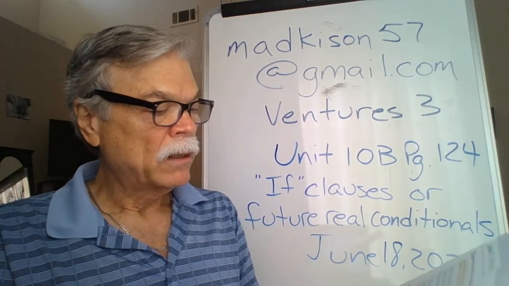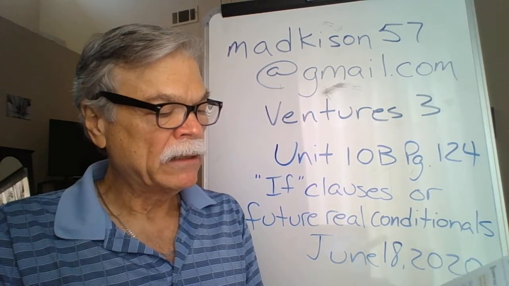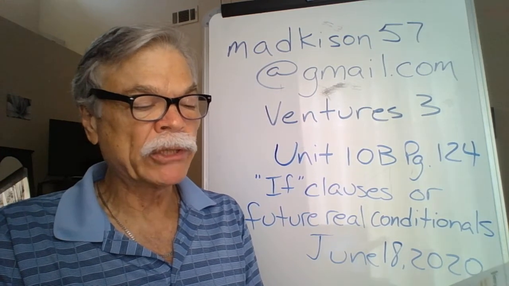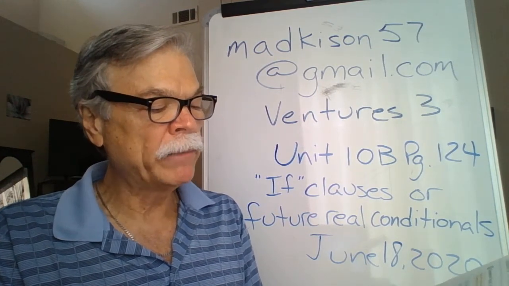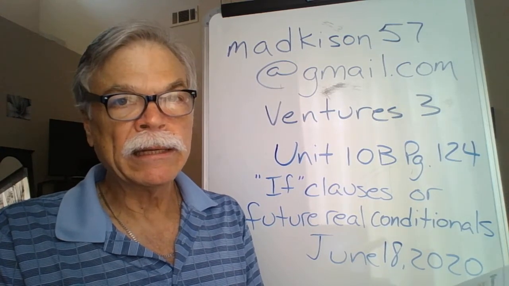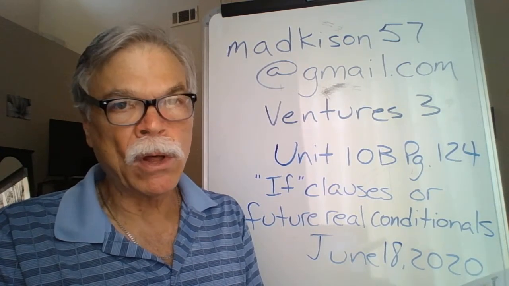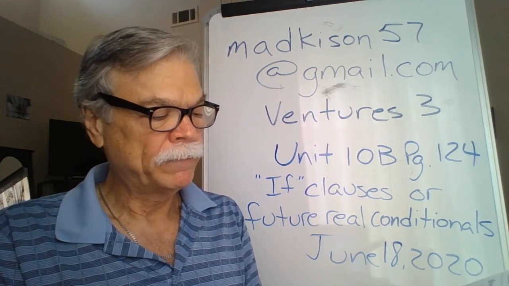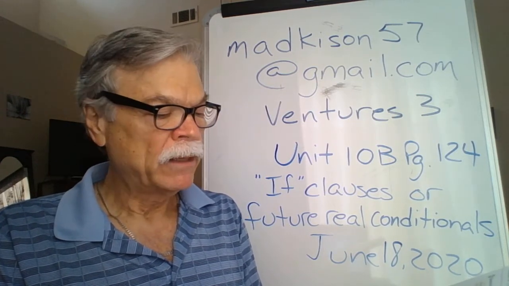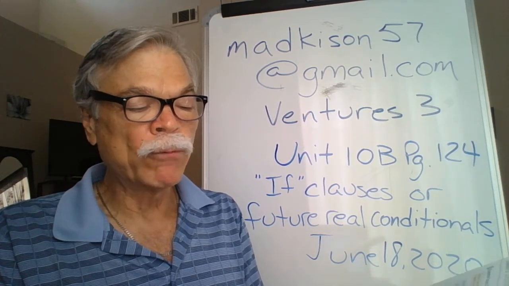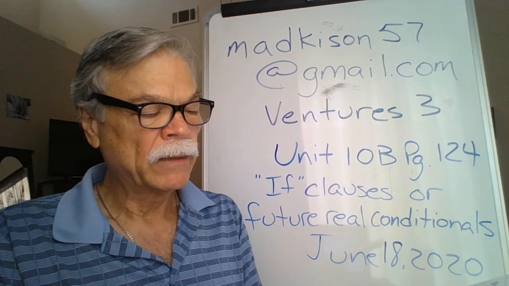So, the first example says, Annette and William will take their children to Sea Adventure next month if William gets a few days off. And the future conditional clause is if William gets a few days off. Number 2, if they get a discount, they will reserve a room at a hotel.